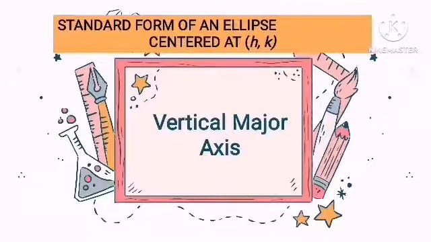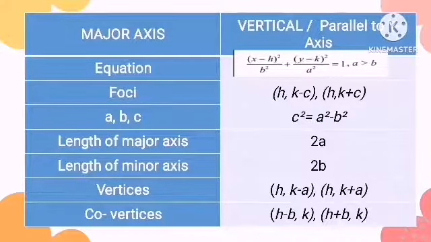Since Miss Ria is done discussing the standard form of a horizontal major axis of an ellipse centered at h, k, now let's proceed into an example of a vertical major axis of an ellipse centered at h, k. So here are the formulas or the basis in getting the standard form of a vertical major axis of an ellipse which is centered at h, k.